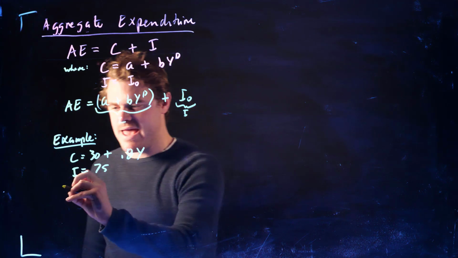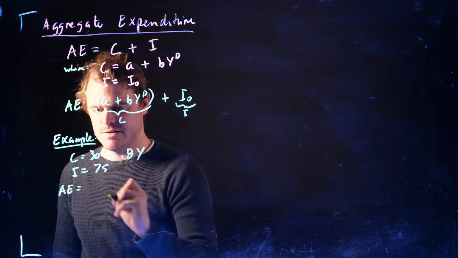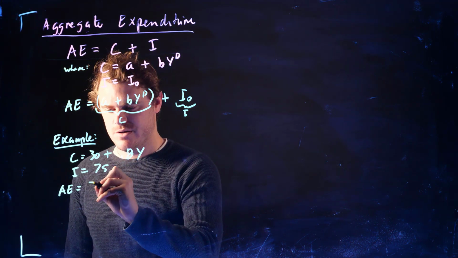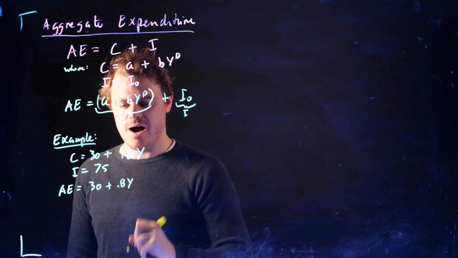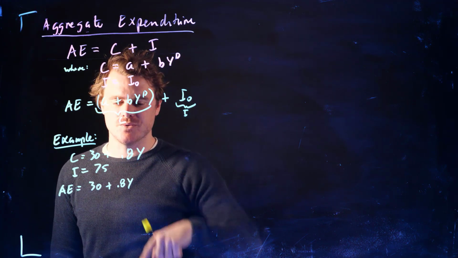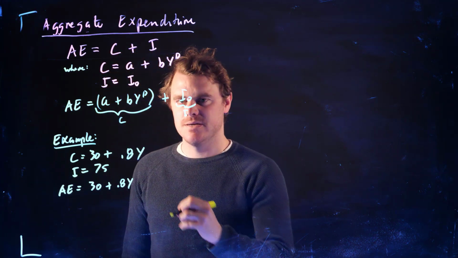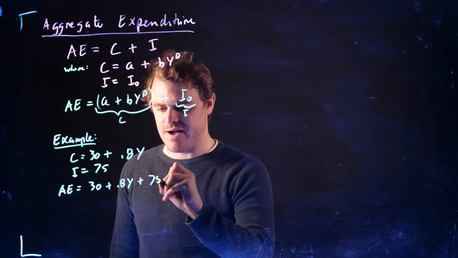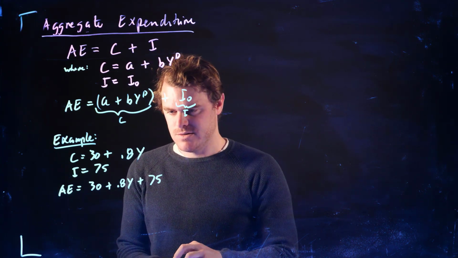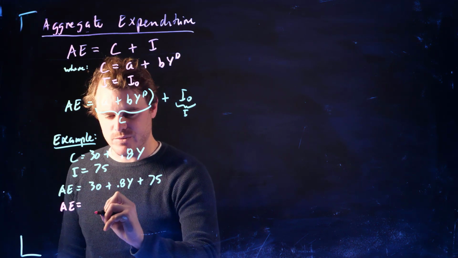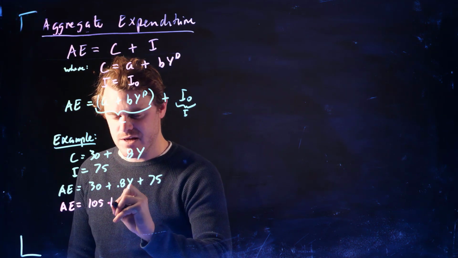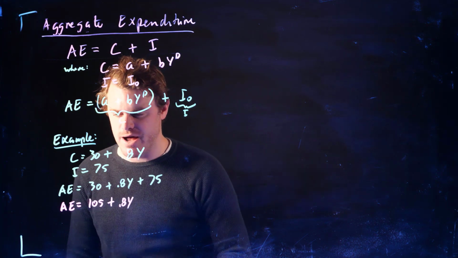Well, that means our AE function is equal to 30 plus 0.8 times y. Remember, YD just equals y here because there's no taxes. Plus 75. So we can group this together, and we have AE equals 105 plus 0.8 times y.